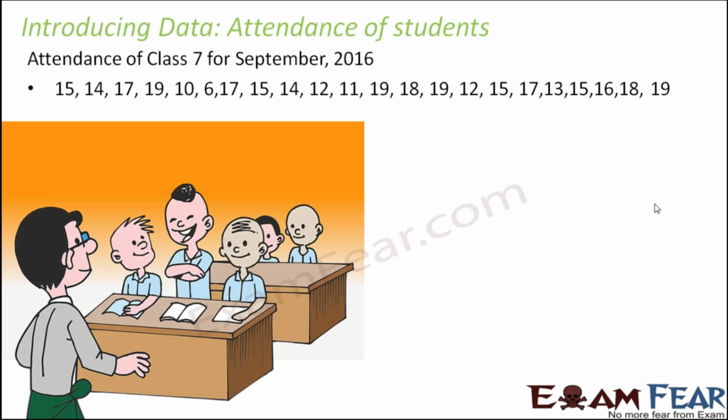Now looking at this data, if the teacher is being asked, can you tell me on which day in September the attendance was maximum, that means on which particular day of September maximum number of students were present in the class, do you think looking at this data the teacher can tell that very quickly?